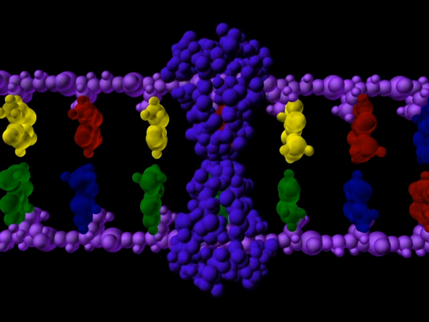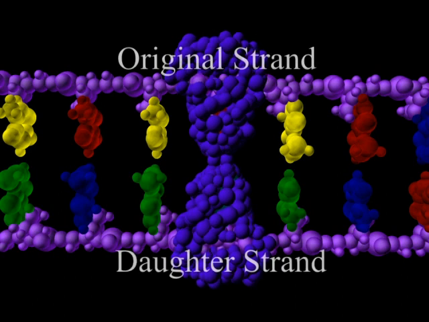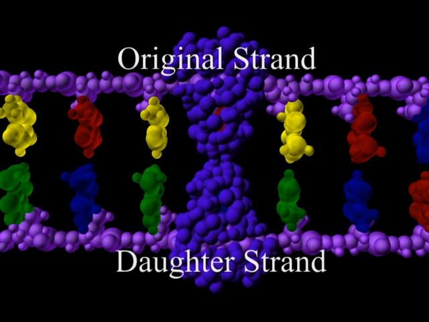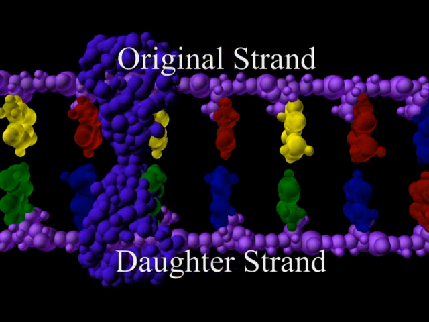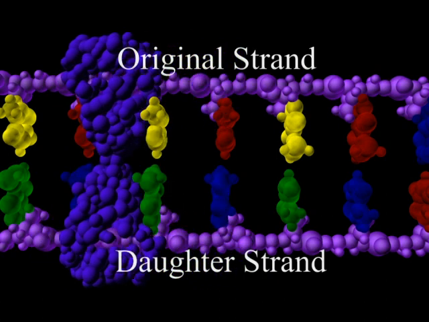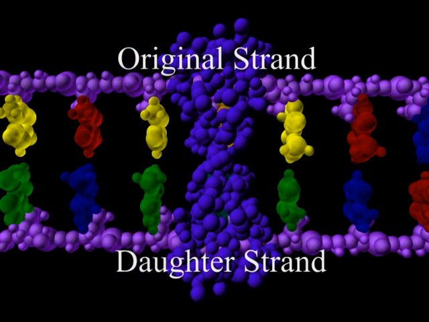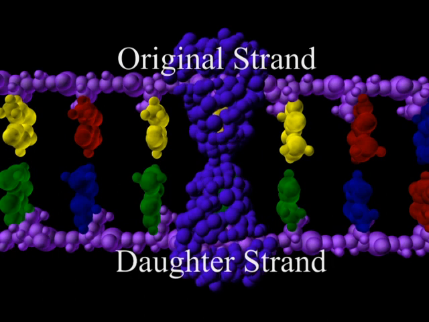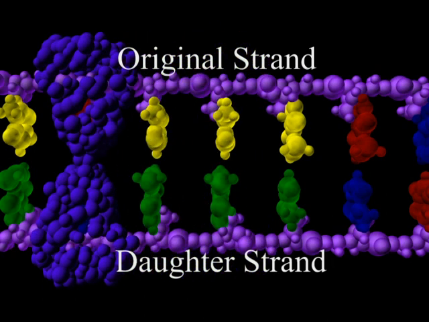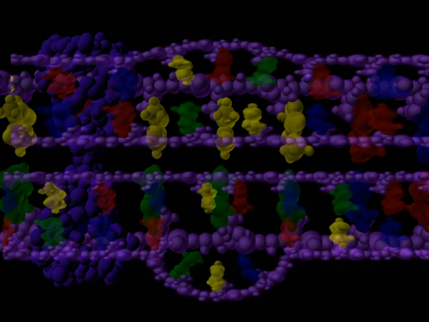However, these enzymes no longer have any way of knowing which strand is an original parental strand or a newly replicated daughter strand. If the enzymes correct the mismatch by replacing the base on the daughter strand, the original base pair will be restored. However, if the enzymes correct the mismatch by replacing the base on the original strand, a base pair different from the original DNA will result, and a point mutation will have occurred.